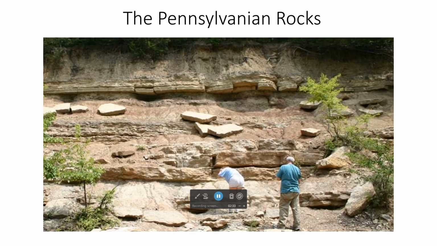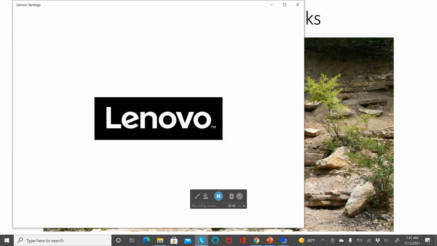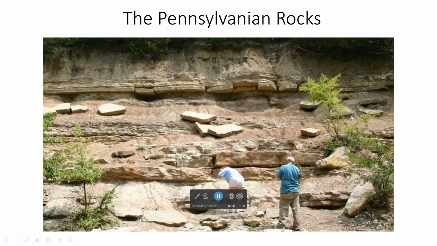So now let's take a look specifically at the Pennsylvanian rocks at the surface in Nebraska. So we have seen these before, and this photo should look familiar. This is an image of Schramm Park. At this point in time, you should have started to recognize this sequence of rocks that we're seeing.